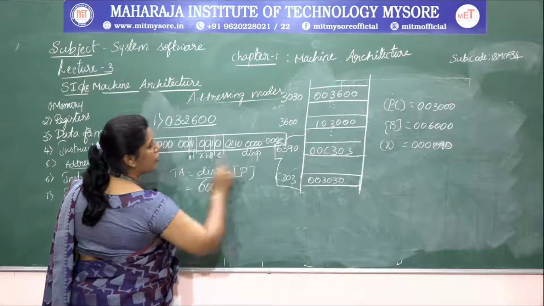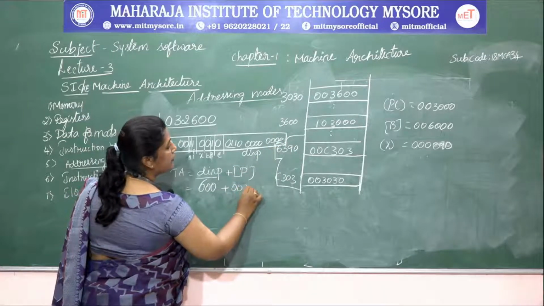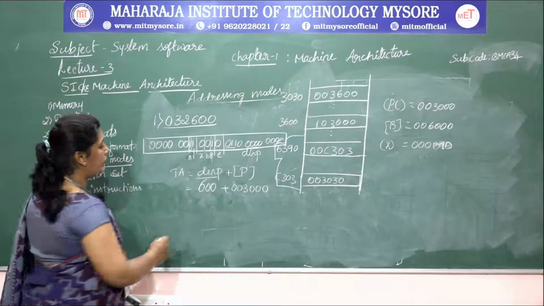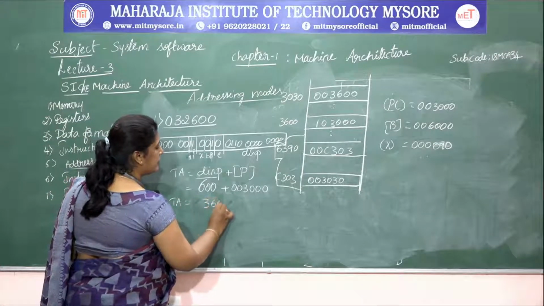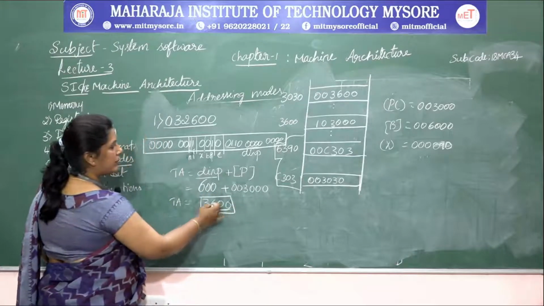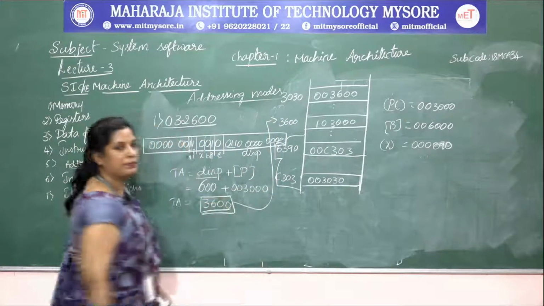What is the content of the program counter? 0030000. So the target address is 3600. The target address for this instruction is pointing to this position.